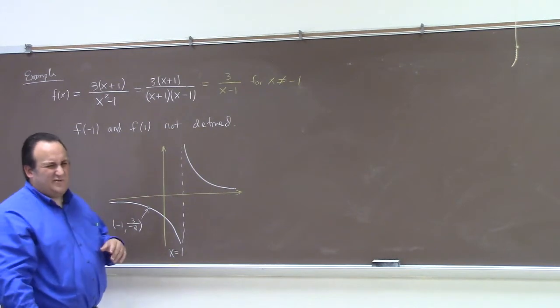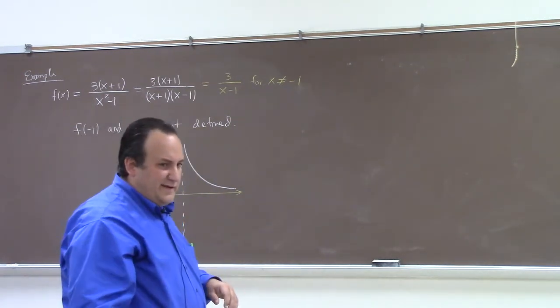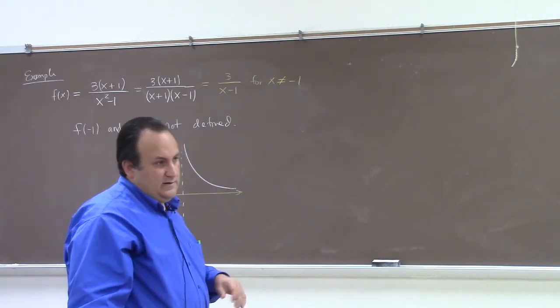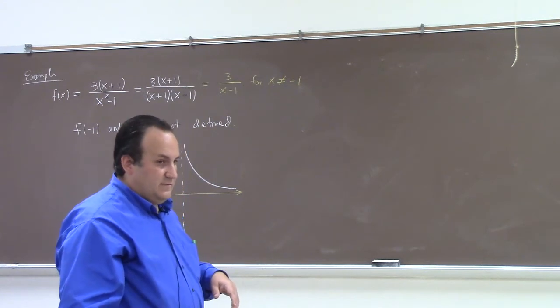That's all. So holes in the graph are kind of silly. They just move one point. You can always put a hole in a graph by changing the formula ever so slightly.